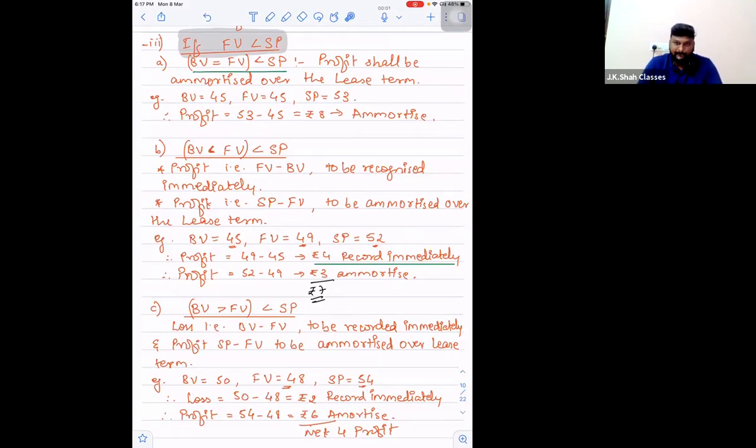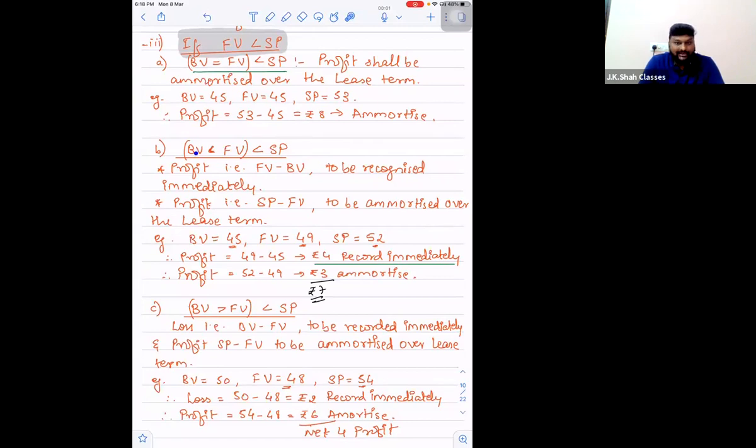Second situation. Book value is less than fair value. Book value is less than fair value, but selling price is greater than both of them. Now, please understand here.